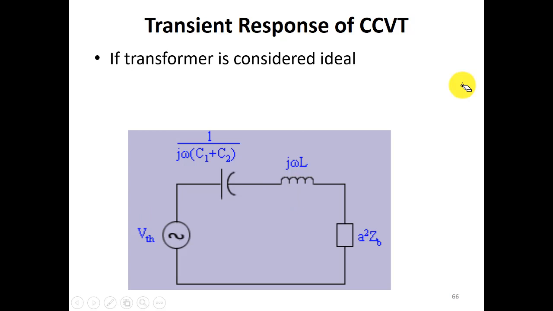If the transformer is considered ideal, then we can write the equation for the response of this transformer very easily, right? So what does response mean? Response means we need to find the voltage across this RV, or we can say VR.